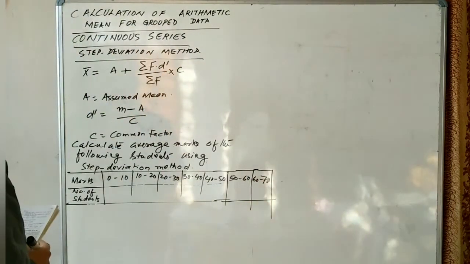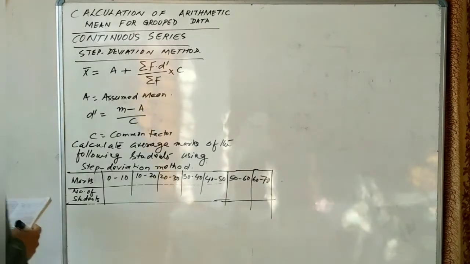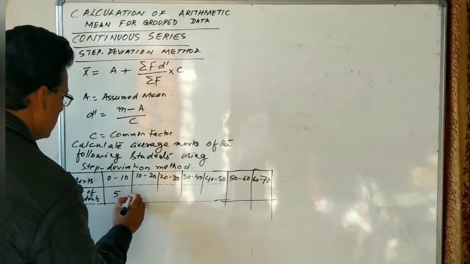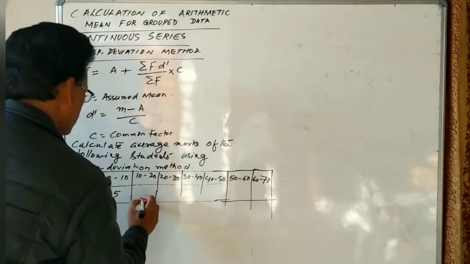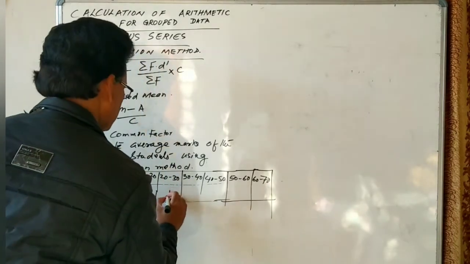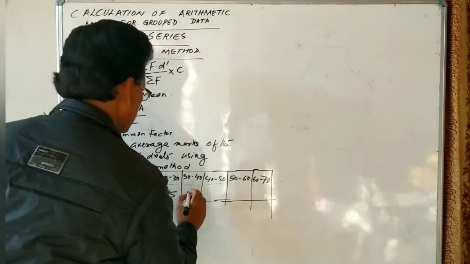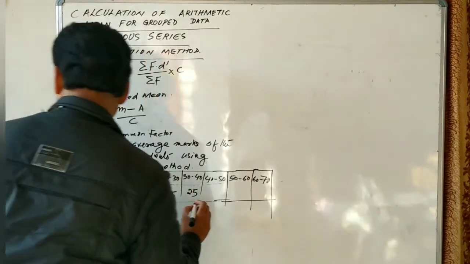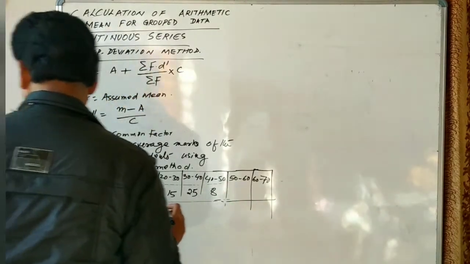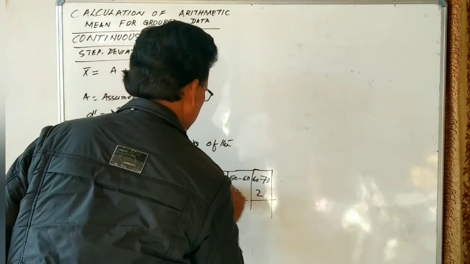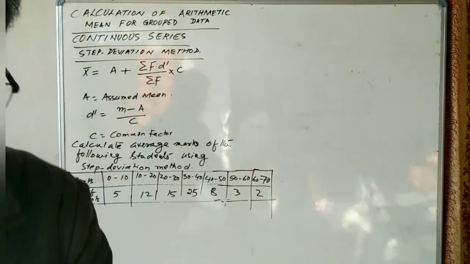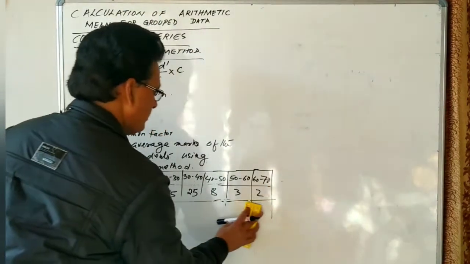The number of students are 5, then 12, then 15, then 25, then 8, then 3, and 2. So this is the question given.